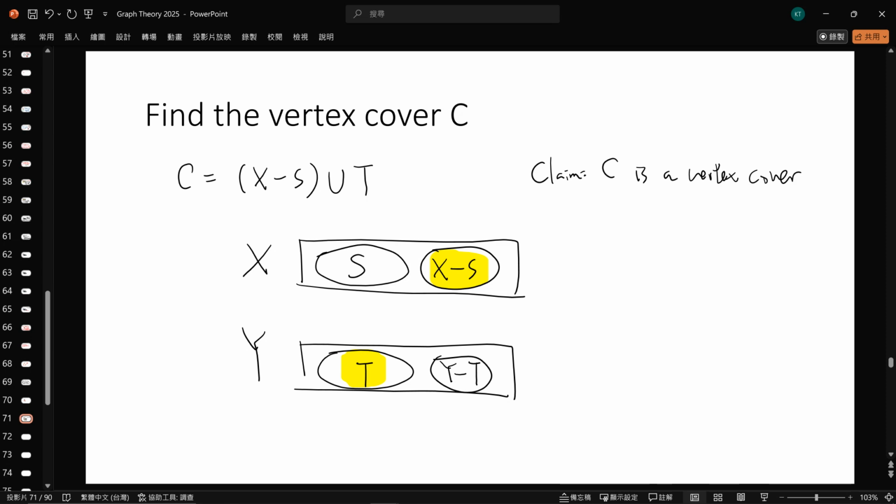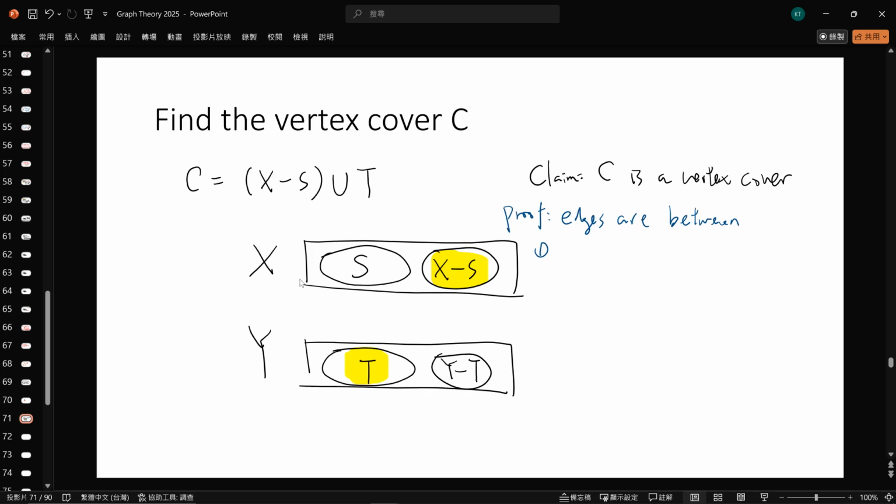To prove that a set is a vertex cover, you have to consider all possible edges and show that every possible edge is covered by C. Since we have 4 sets here, we can divide the edge set into 4 subsets.